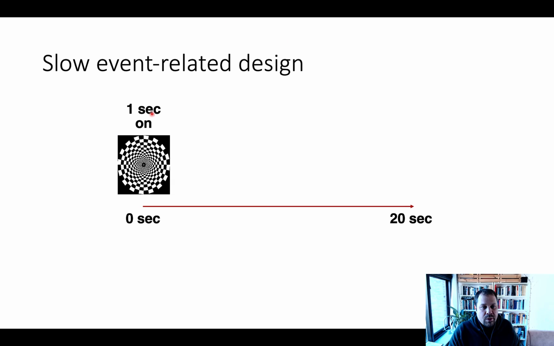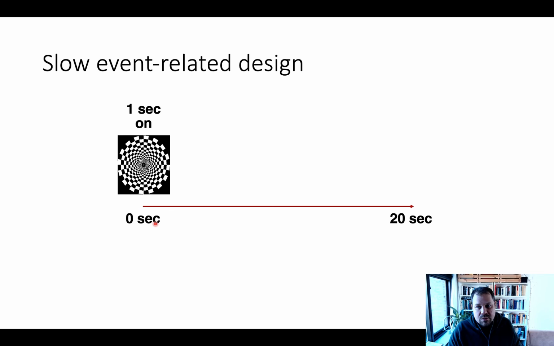So we already know slow event-related designs. They present one stimulus for a certain period of time, such as 1 second for this checkerboard here, and then there's a long waiting period before the next stimulus is presented. 20 seconds, such as in this study, is more than sufficient for this.